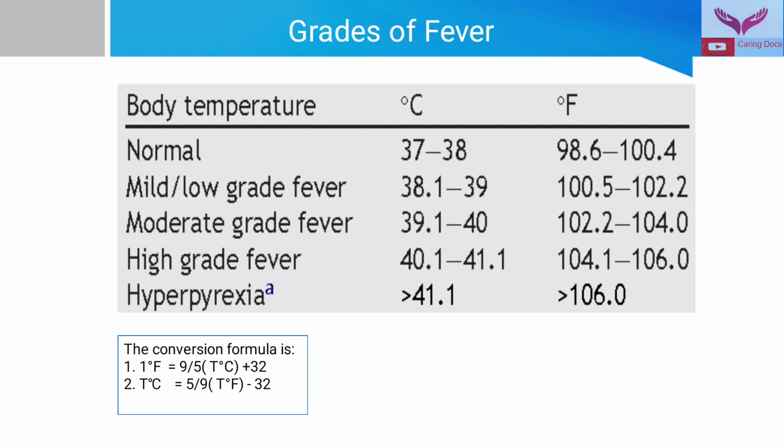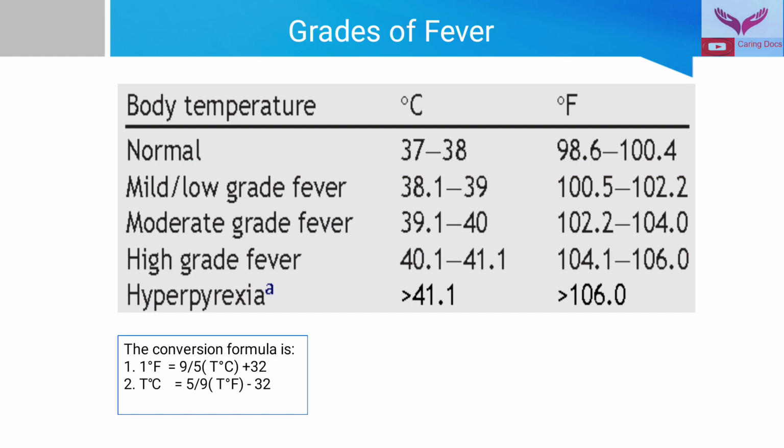Mild or low grade fever is when it is 100.5 to 102.2 Fahrenheit. Moderate grade is 102.2 to 104.4. High grade fever is when it is more than 104.1 to 106, and hyperpyrexia is when the fever is more than 106.6.